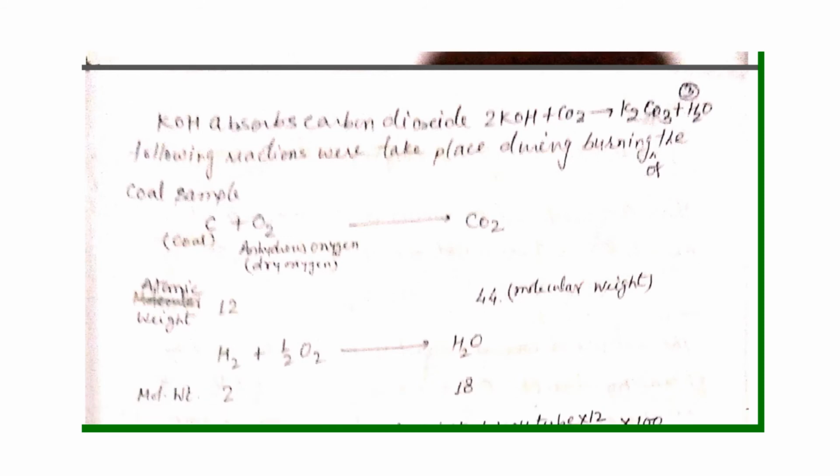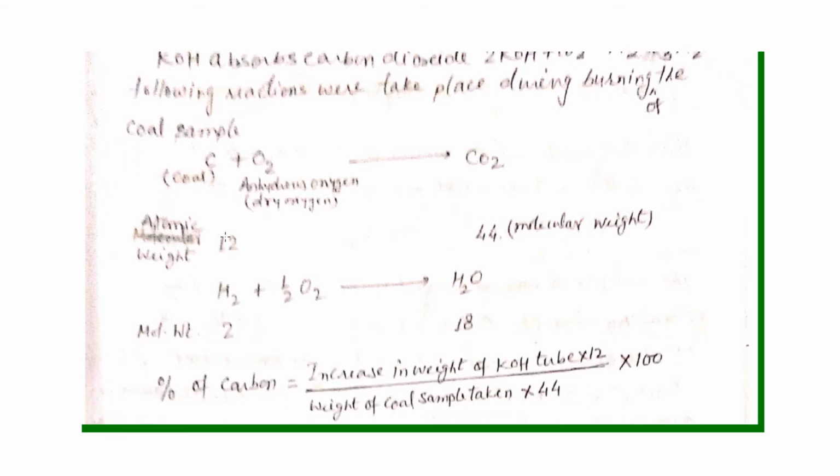In other words, from 12 parts of carbon we can make 44 parts of CO2. Similarly, when hydrogen is present in the coal sample, on combustion it will form the corresponding moisture. So if 2 parts of hydrogen are taken, it makes 18 parts of water.